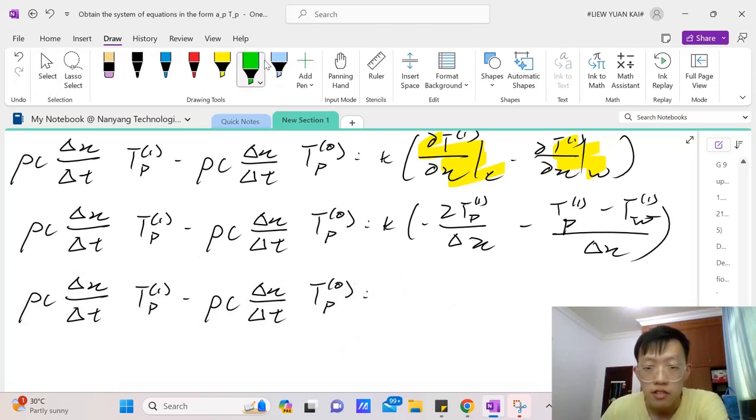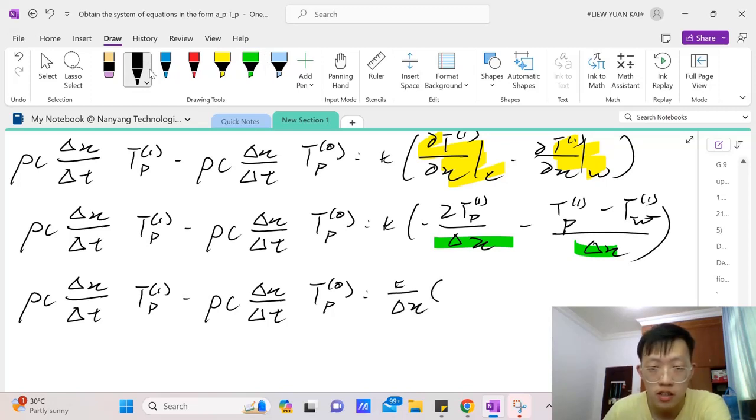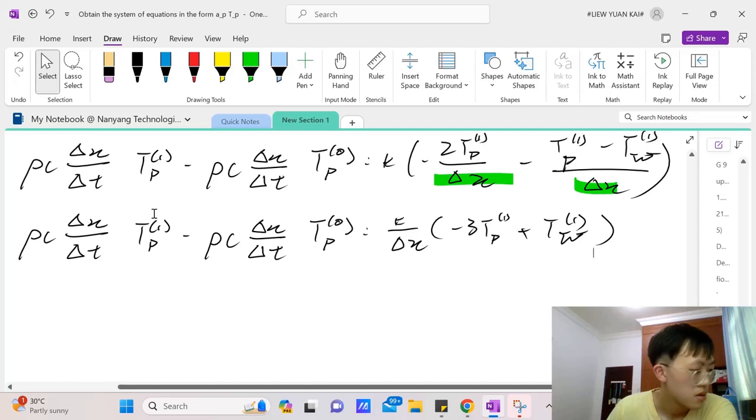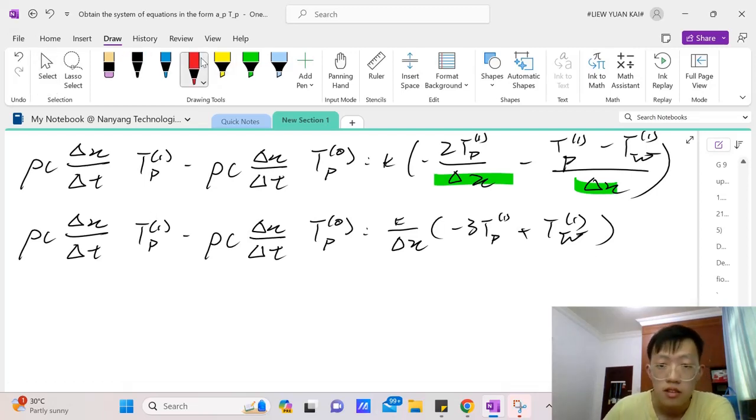I'm going to factorize out delta x from the bottom, then simplify the numerator. So we have minus 2 minus 1 becoming minus 3. Then minus minus becomes plus. Now I'm going to expand these two terms.